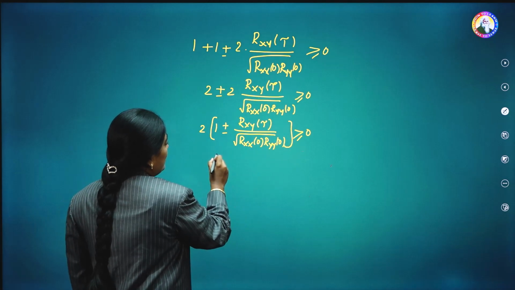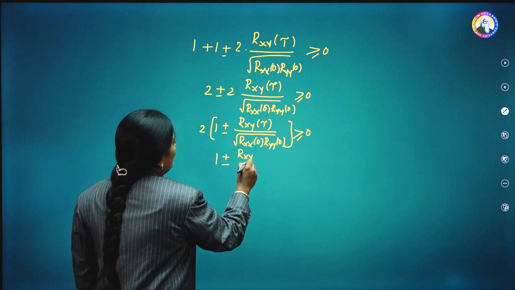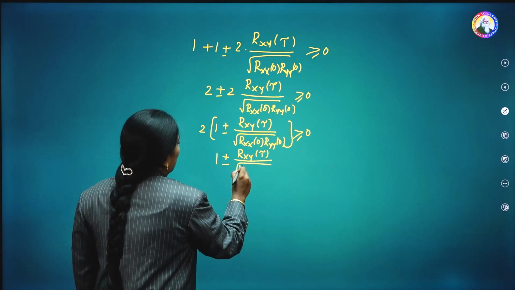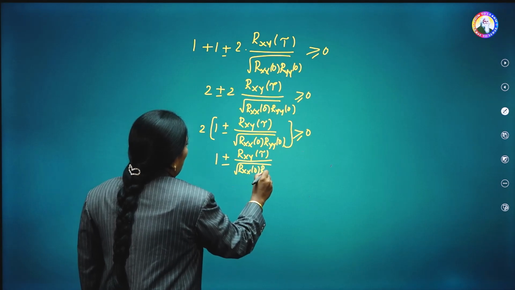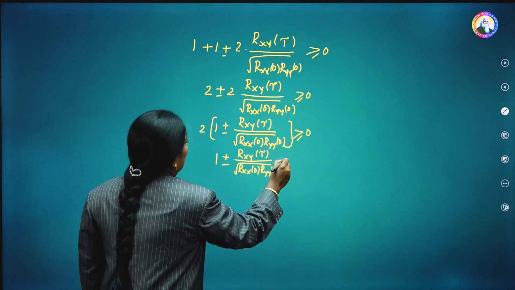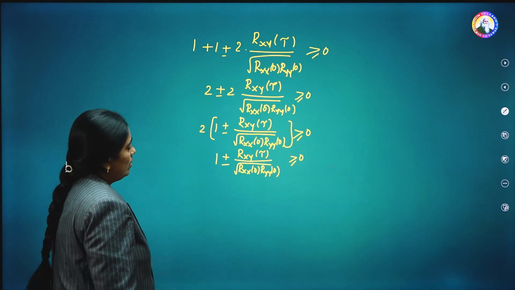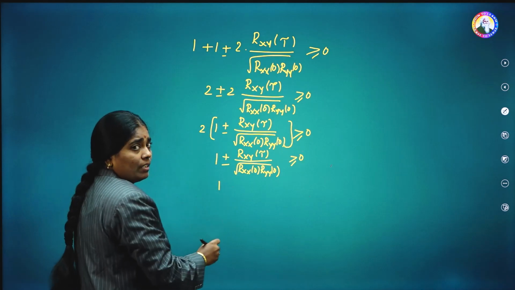Then in the next step it is simplified as 1 plus or minus R xy of tau divided by square root of R xx of 0 into R yy of 0 greater than or equal to 0. To simplify further, I will write 1 here.